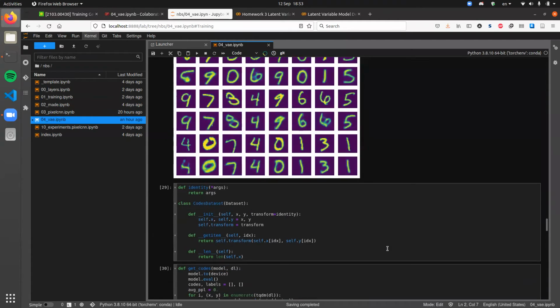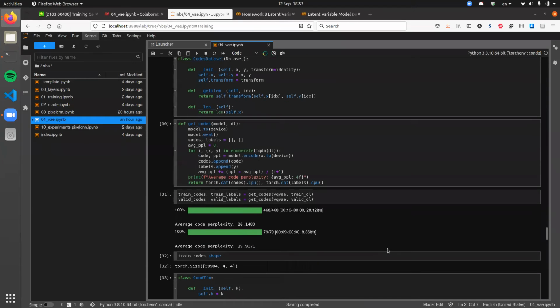So what we do here is construct a dataset which contains all the codes produced for our training set, and then we can train an autoregressive model to fit this discrete distribution, right? So the latent code here can be viewed as a 4x4 image with one channel. It is just a 4x4 matrix containing numbers from 0 to 32.